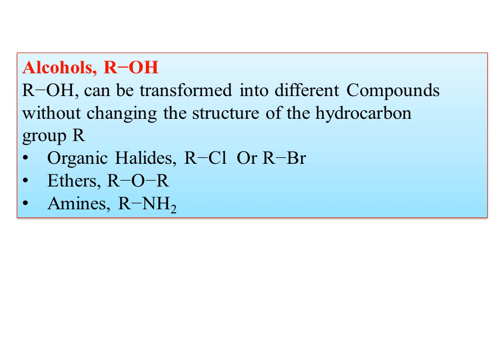If I want to change, I can convert that OH group into a Cl group or Br group. Those compounds we are going to call organic halides. Here I am not going to disturb R, R remains the same, only the OH group changes.